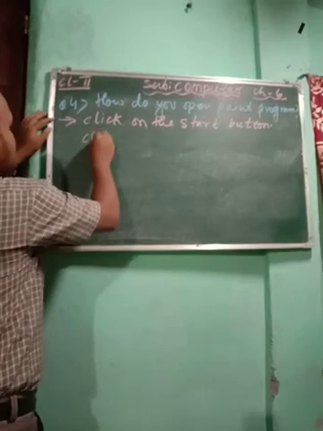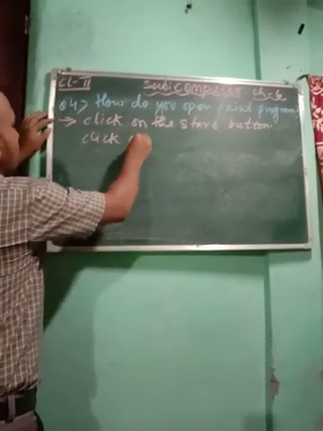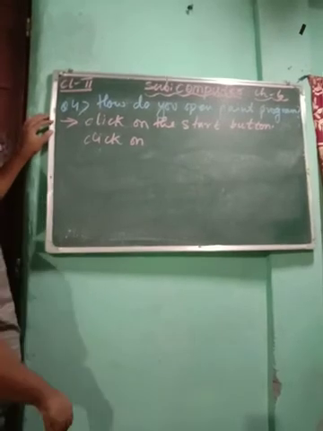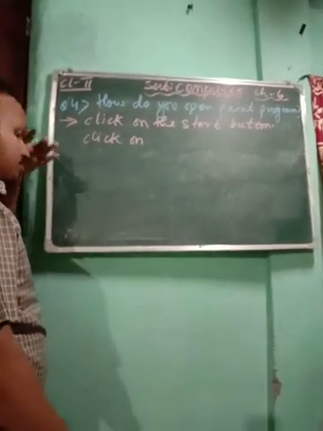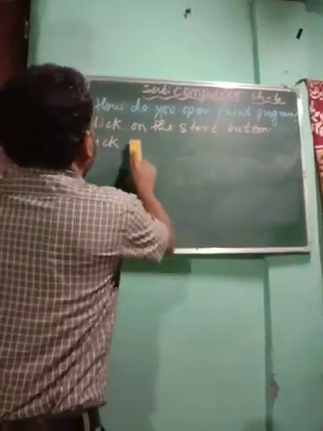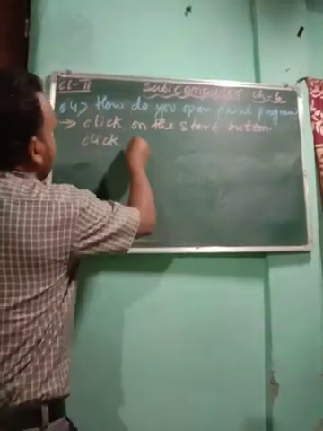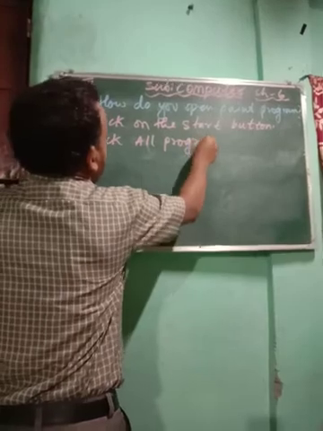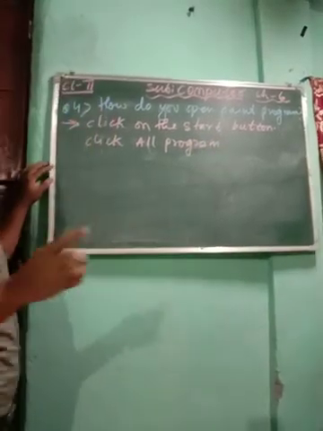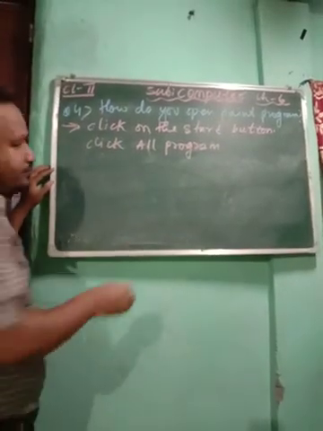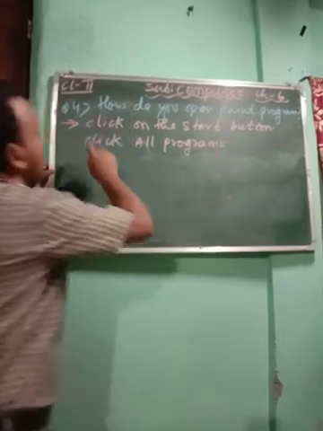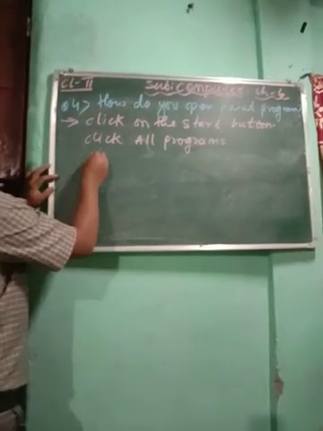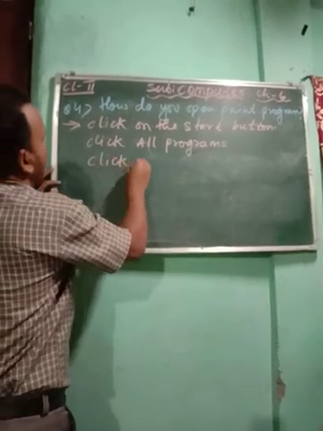Second, you will click on all programs. Now click on the start button, then click all programs, then you will click accessories.